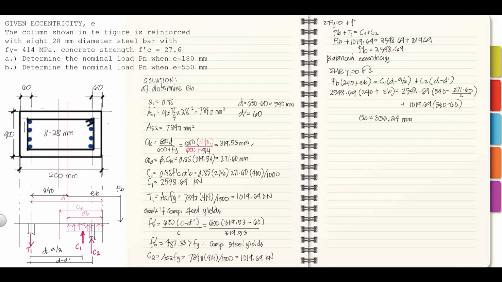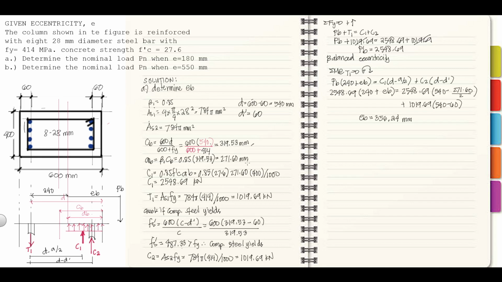So equate lang natin sila. So, PB, unknown yan, plus T1 is 1,019.69 is equal to C1, 2,548.69 plus C2, 1,019.69. Right? So, cancel po yung 1,019 dito. Nilagay ko lang para kompleto pa rin yung equation. Okay? So, PB is 2,548.69.